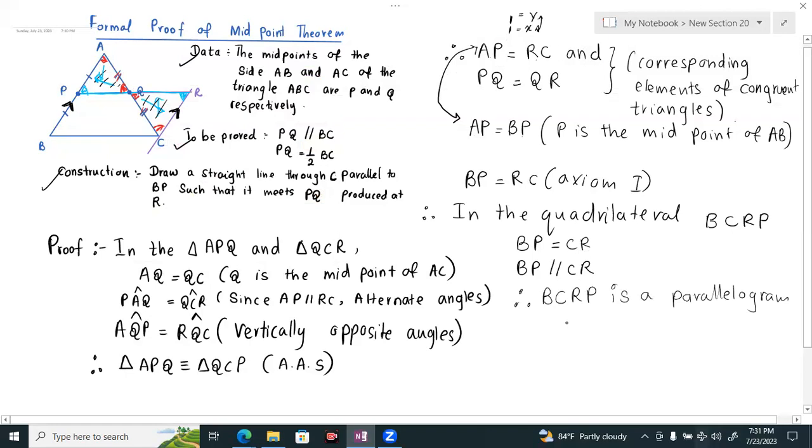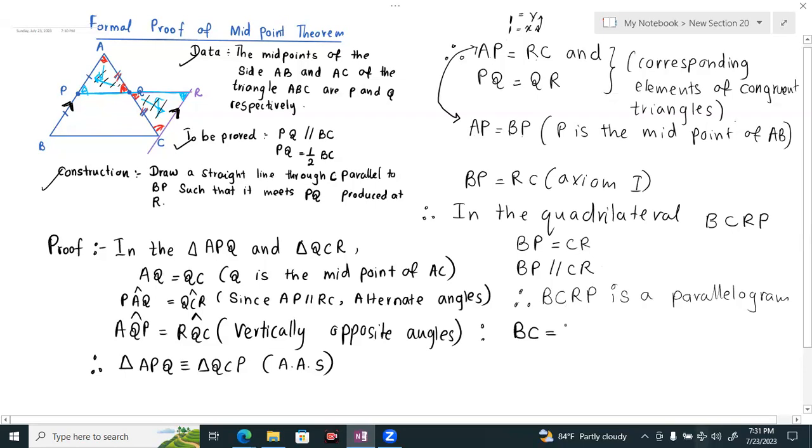Now, after I show that it is a parallelogram, how we take the help of this? When I show that BCRP is a parallelogram, I have shown that BP and CR are equal and parallel to each other. When it becomes a parallelogram, එක parallelogram එකක් වෙච්ච හැටියට අනිත් sides දෙකත් මොකද වෙන්නේ? They are also equal to each other and parallel to each other.